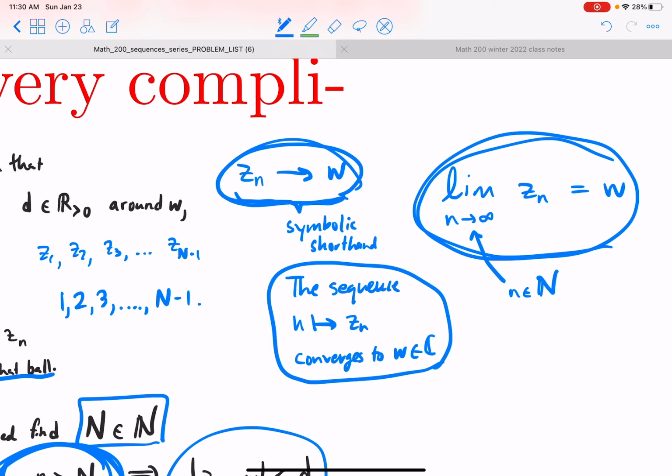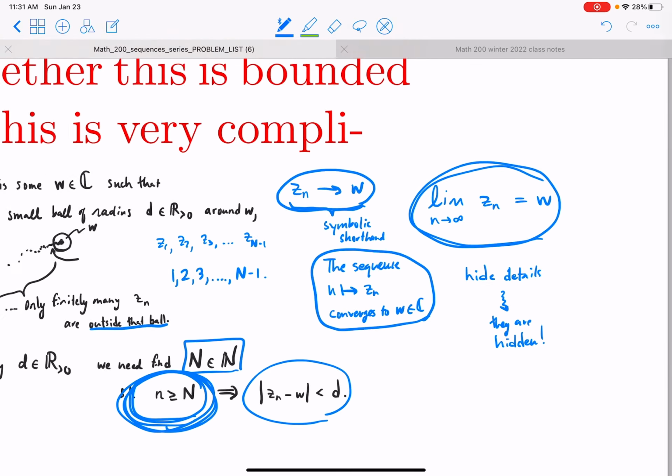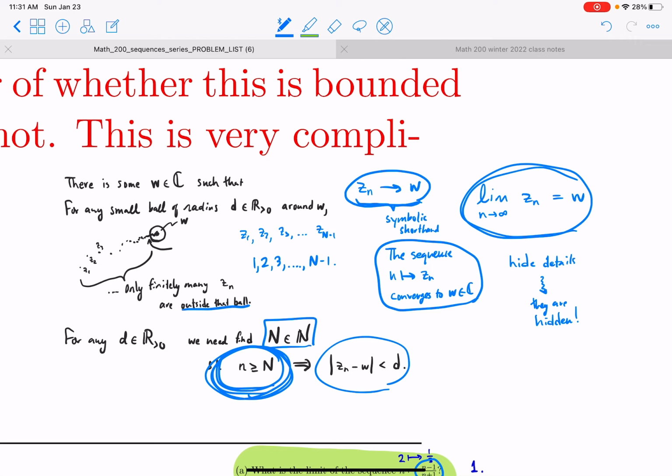The purpose of a symbolic shorthand, no matter what it is, is to hide details. And when you hide details, they are hidden, and so you run the risk of confusion. That's just what we deal with in math, because you can't be writing out all these words every time. It's really useful to hide details.